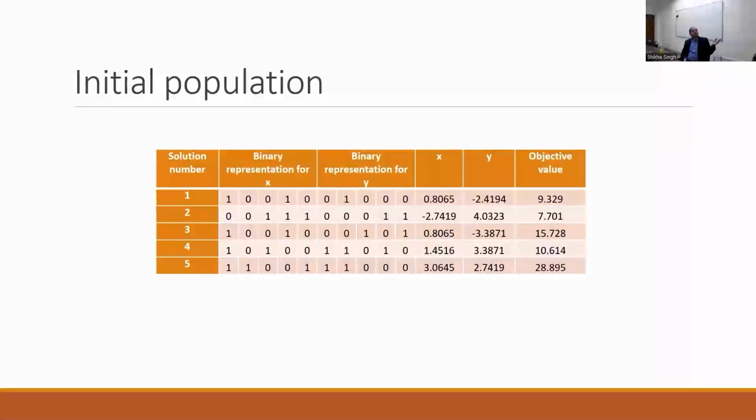So the first one is basically 1 0 0 1 0 and 0 1 0 0 0, and the corresponding x and y values within that interval are 0.8065 and negative 2.494, and the objective function value is 9.32. So these are just randomly generated solutions. Just a couple of things to note here. The best solution is solution number 2 with the objective function value of 7.071. Oh, sorry, 7.701.